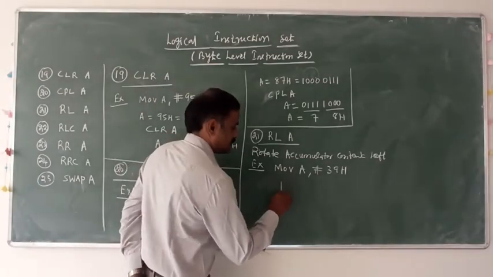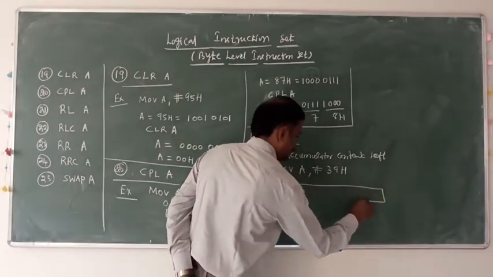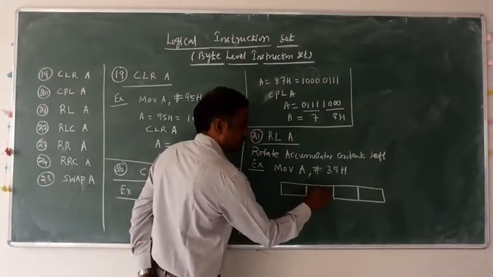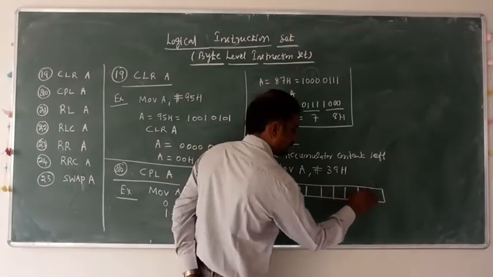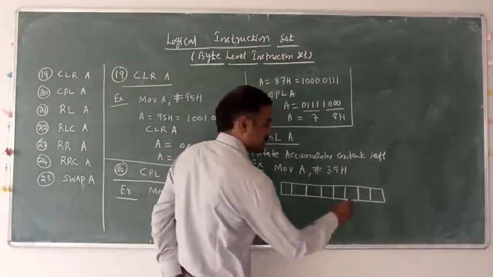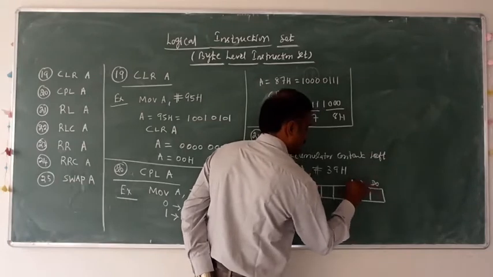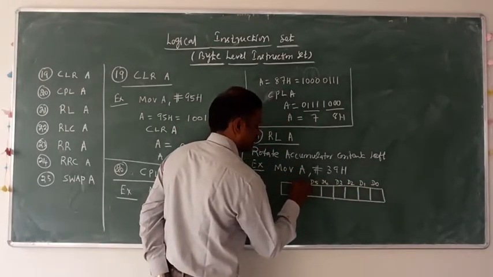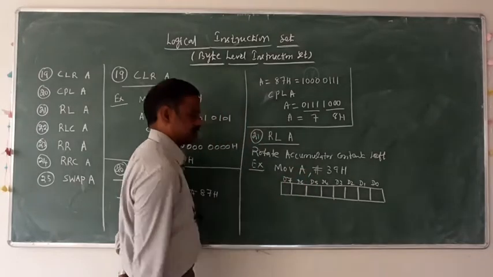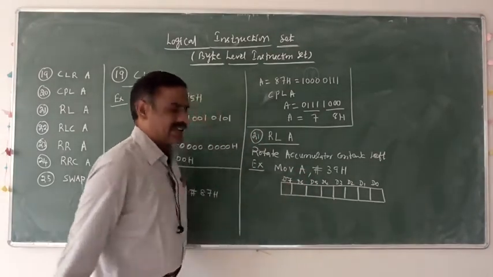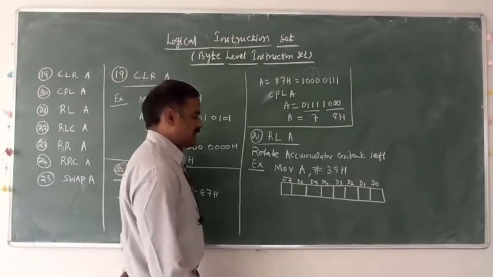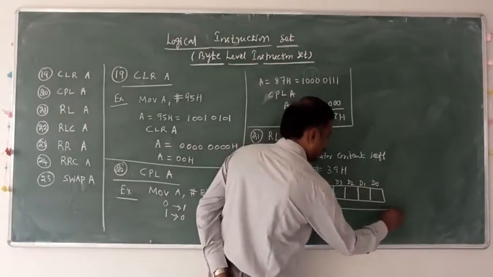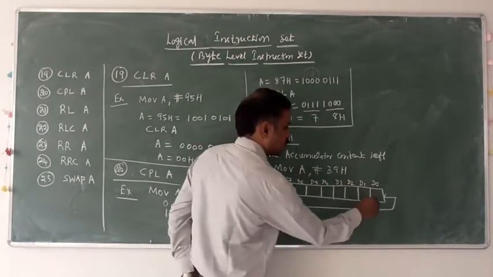Here it will rotate the accumulator content left without the carry status. This is for D0, D1, D2, D3, D4, D5, D6 and D7, total 8-bit data. Left means the D7 data moves into the D0 bit position.